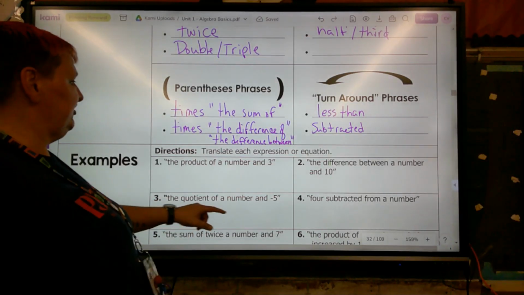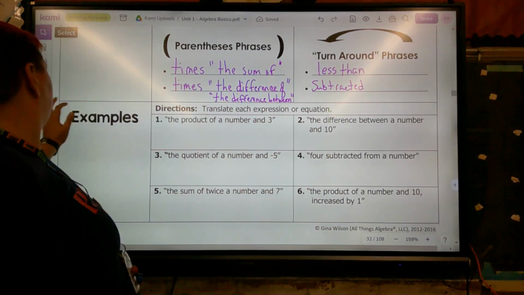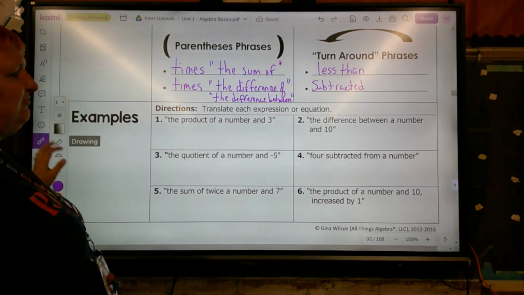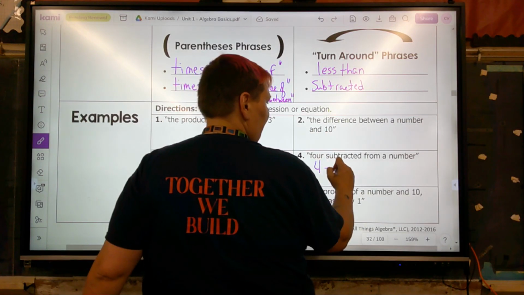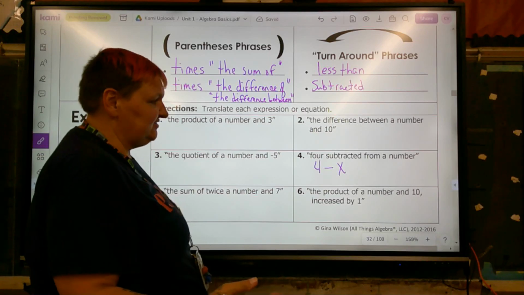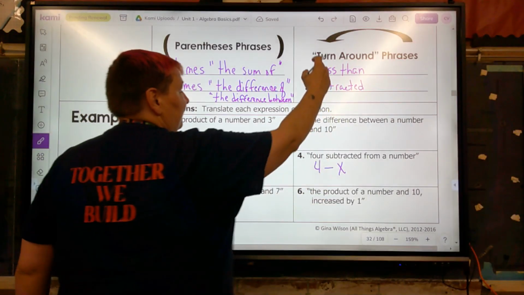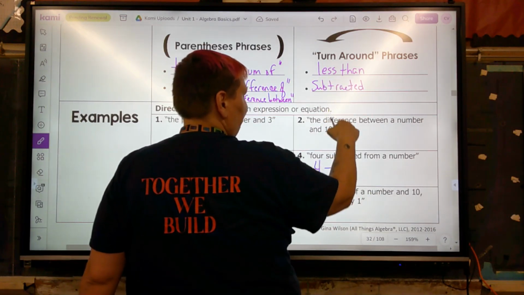All right, so let's look at number 4 right here as an example. If you were to write it exactly as it says, 4 subtracted from a number, that's how it reads, but it's not right. Because we have the turnaround phrase, subtracted from.